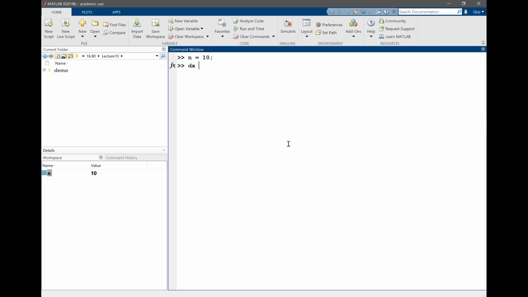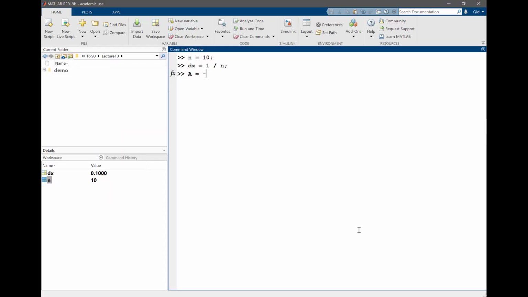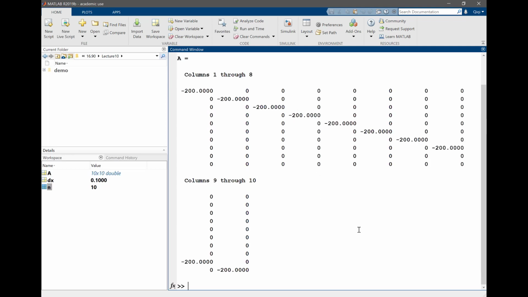So let's say I want to solve it on a steel ring of circumference equal to 1, so delta x would be 1 divided by n. My matrix A, when I construct the diagonal, would be -2 divided by delta x squared times identity. So that's what my diagonal looks like.